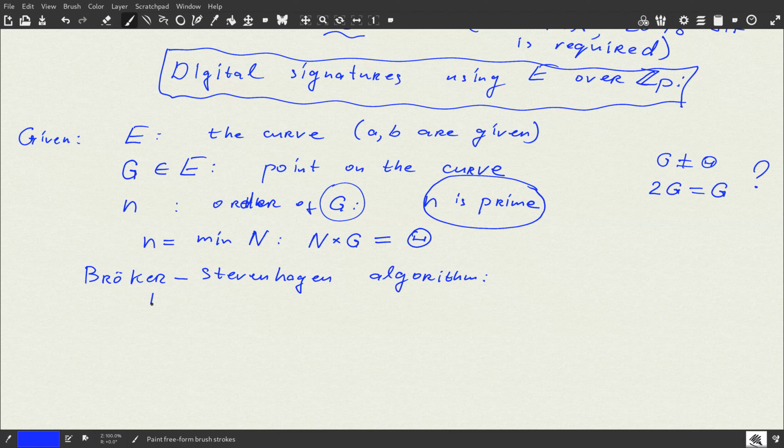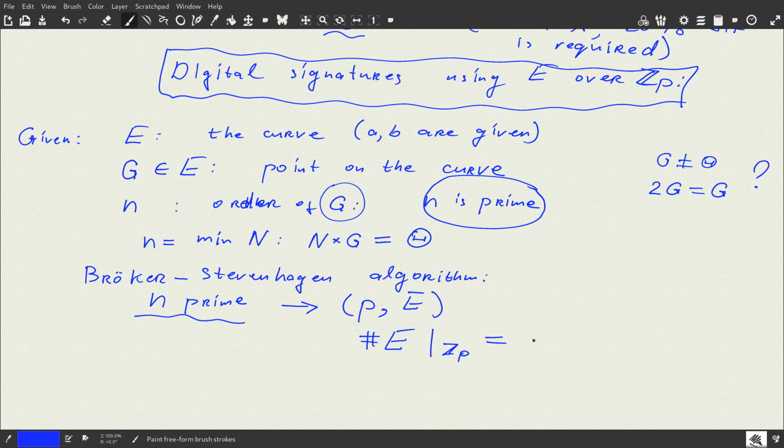Given n prime, it constructs not for arbitrary p, but given n prime, it constructs for you p and E such that it has an even better property: the total number of elements in this curve over the p, of course, is n.